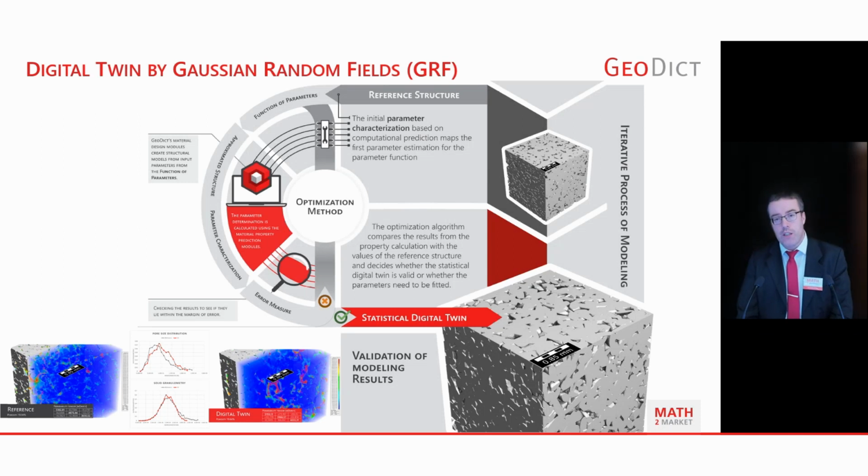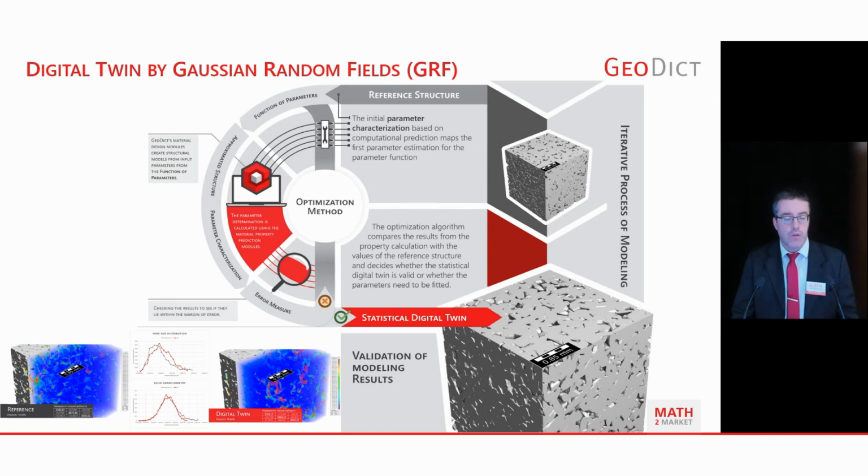Again, one can change the user-defined parameters, so even here, some more functionalities. And then the functional parameters necessary for modeling can be changed, as well as the error measures. And those are set as stopping criteria for the optimization loop. And after the optimization loop, you can see on the lower one, we can generate a statistical digital twin, which is then compared to the reference values.